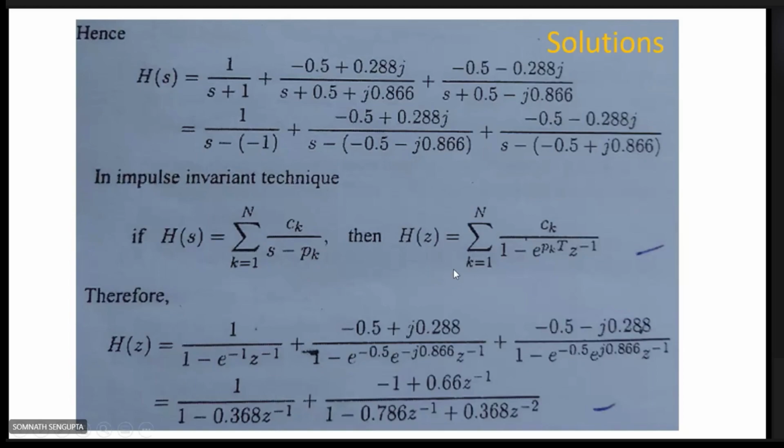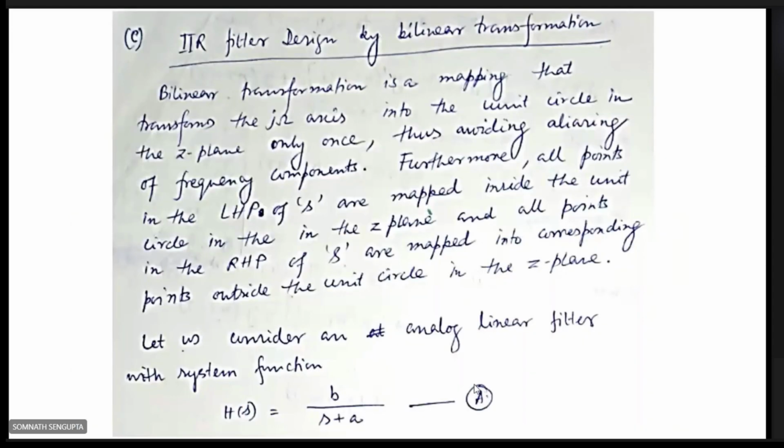So all three will be used again, and just put this according to this formula, you just write and finally you can get the formula in terms of z. Okay, you can get the impulse response in terms of z. So this is the method.